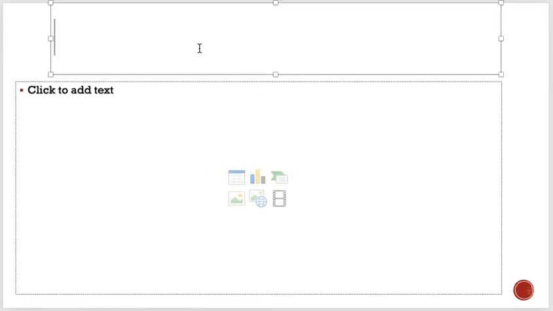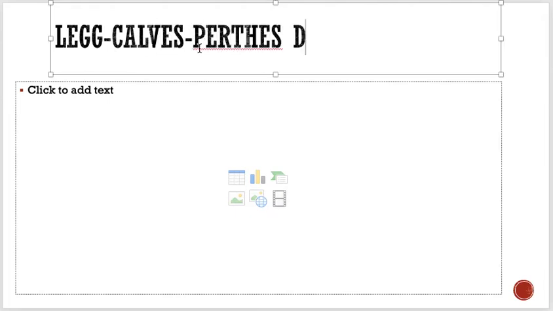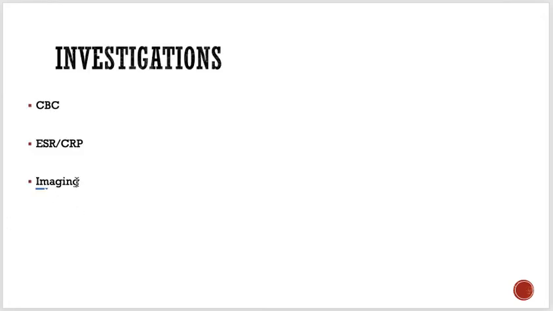The short name is Perthes disease, but the long name is Legg-Calvé-Perthes disease. Okay. So if the imaging is normal, it is transient synovitis or irritable hip. But if the X-ray is abnormal, I will tell you what abnormality, then it is Perthes disease.